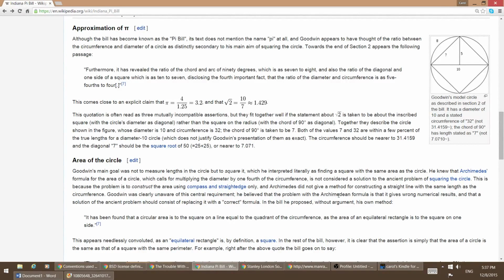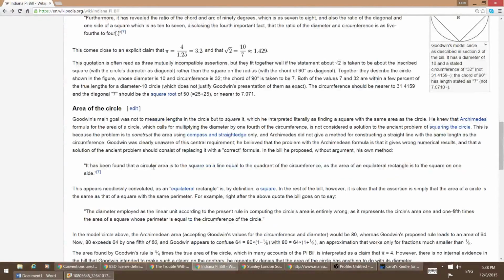He believed that the problem with the Archimedean formula is that it gives wrong numerical results, and that a solution of the ancient problem should consist of replacing it with a correct formula. In the bill he proposed without argument his own method: "It has been found that a circular area is to the square on a line equal to the quadrant of the circumference, as the area of an equilateral rectangle is to the square of one side."